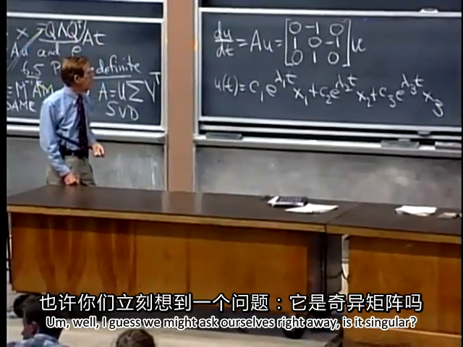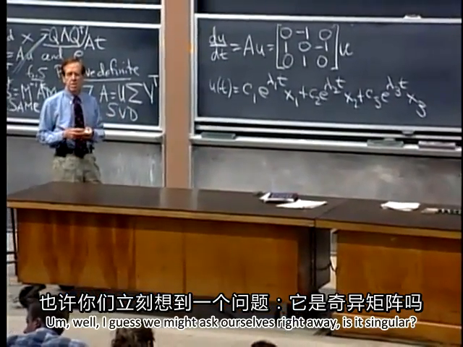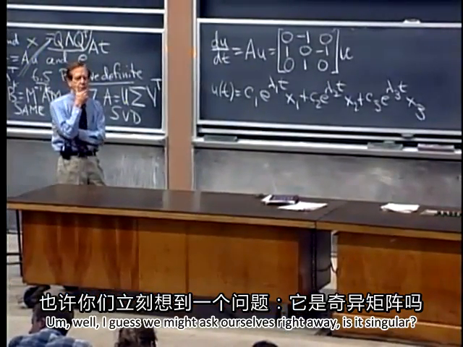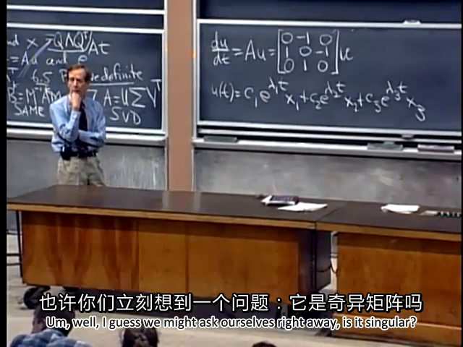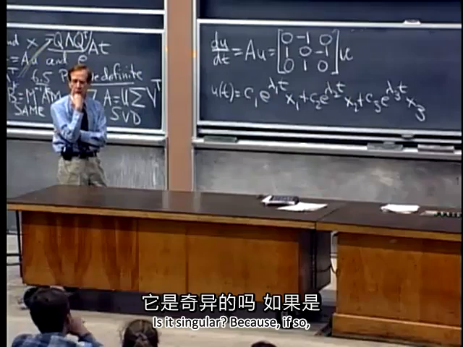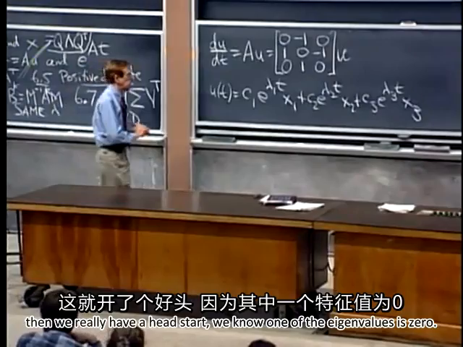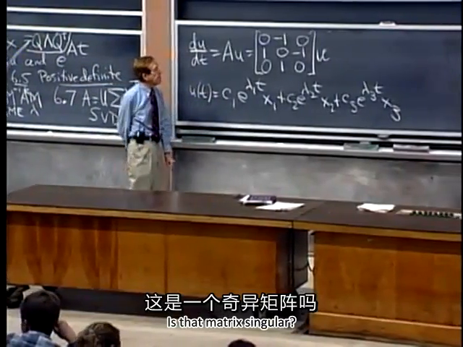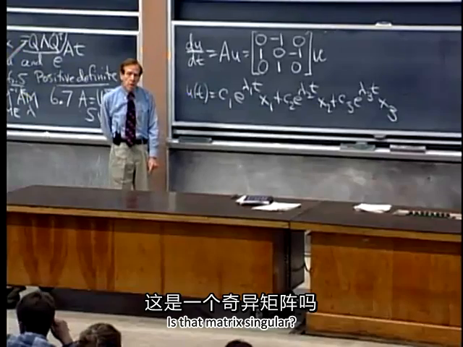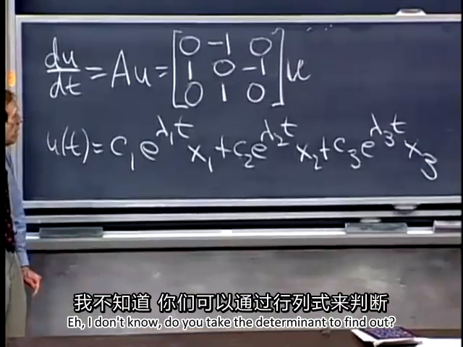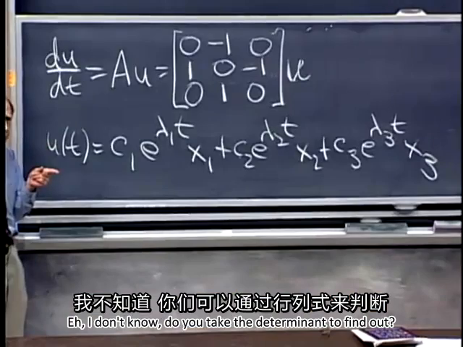Well, I guess, of course, we might ask ourselves right away, is it singular? Because if so, then we really have a head start. We know one of the eigenvalues is 0. Is that matrix singular? Do you take the determinant to find out?